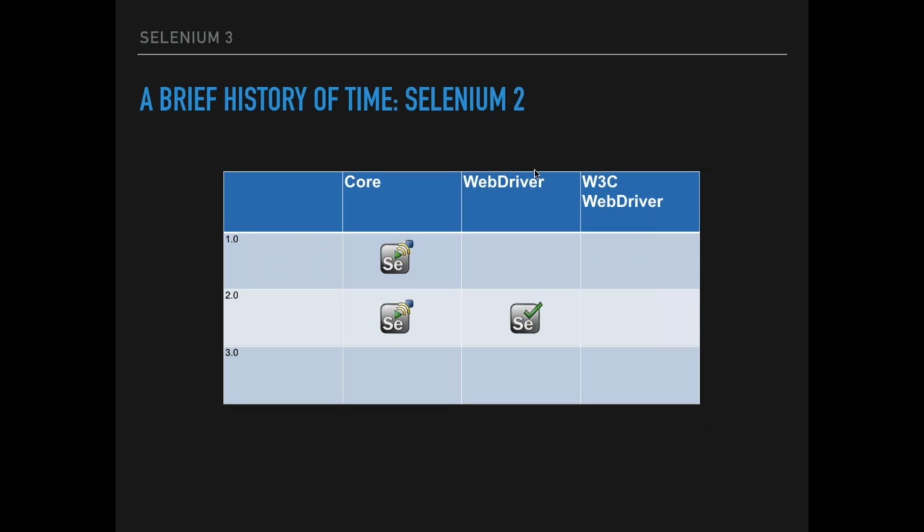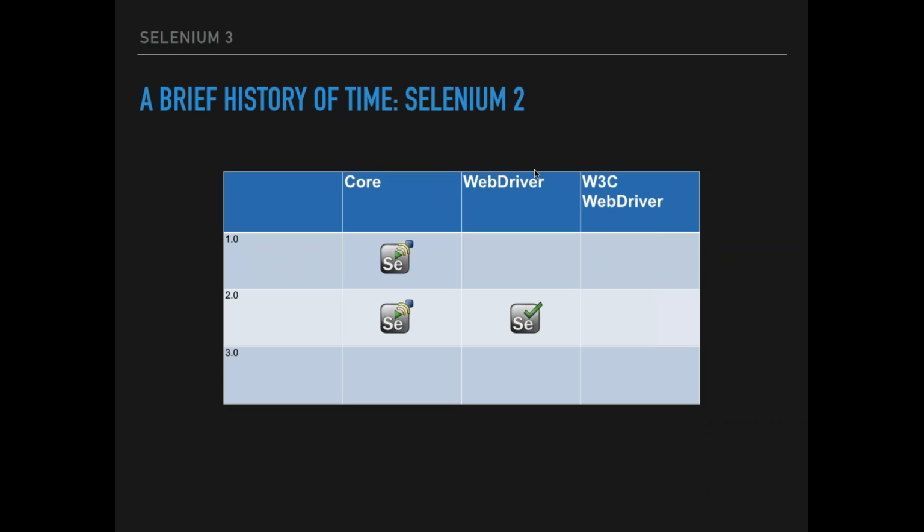So what we were trying to do is figure out how to solve this problem. The other problem that we had with WebDriver is that if each browser spoke a different wire protocol, every language would need to have a different version of the wire protocol in order to support every browser. So if there are X browsers and Y languages, you'd have X times Y different implementations. And that would just be completely unmanageable.